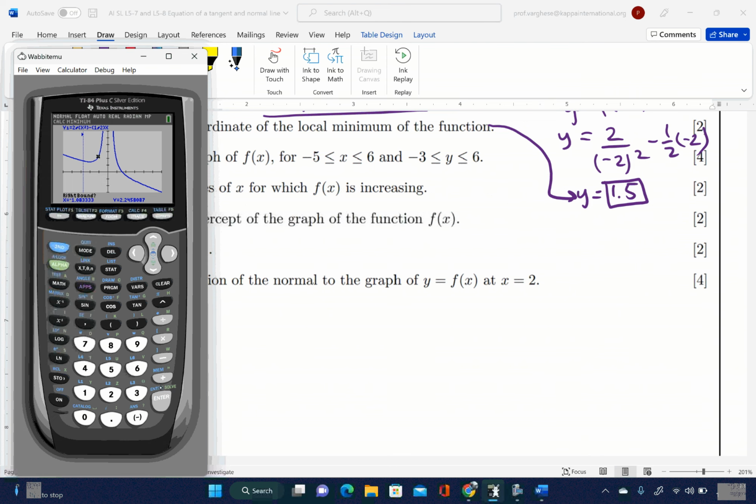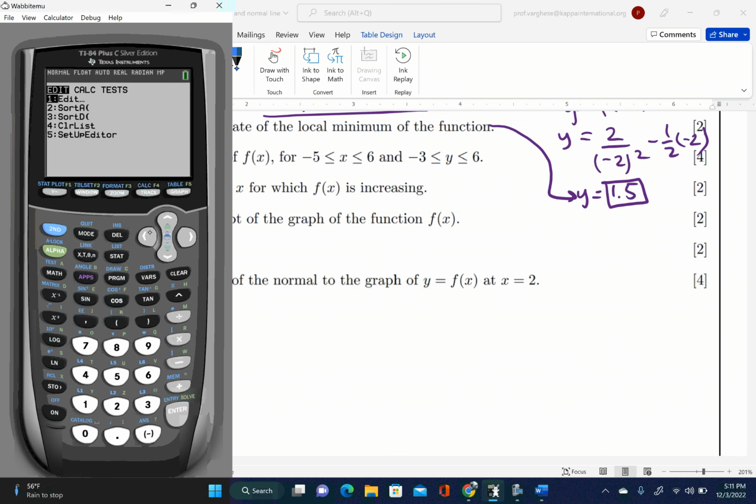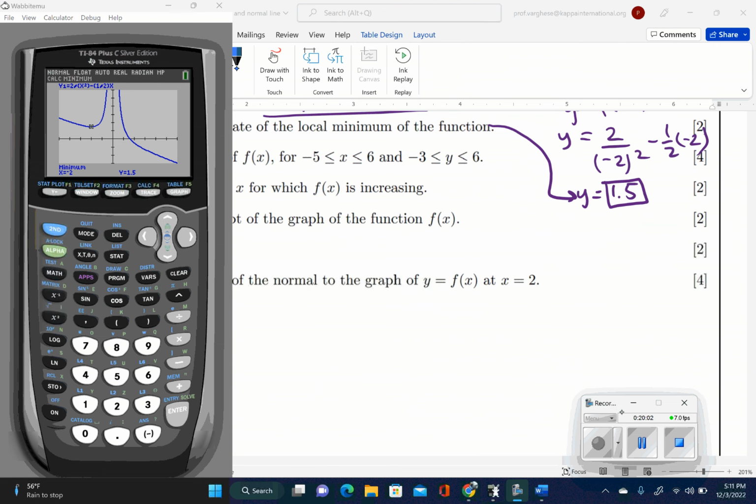And now minimum. Okay, so it gives me that the minimum is -2.